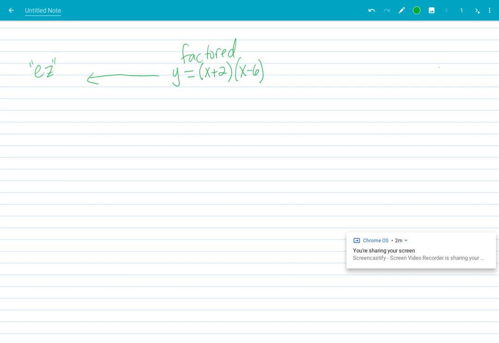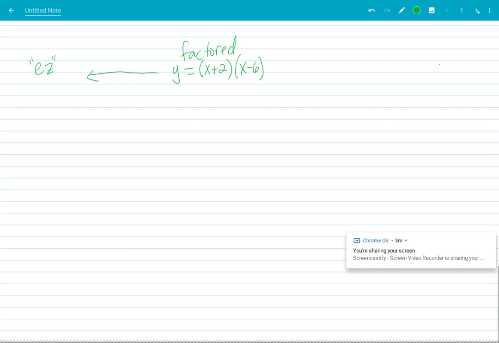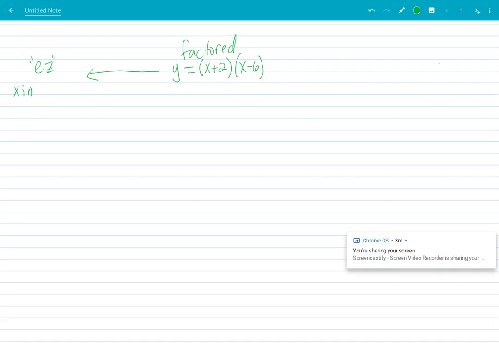Well, let me give you a multiple choice. Are the x-intercepts, y-intercept, or vertex easy to determine from factored form? X-intercepts. Okay, and Amar, what are they? Negative 2 and 6. Okay, cool. So that's easy.